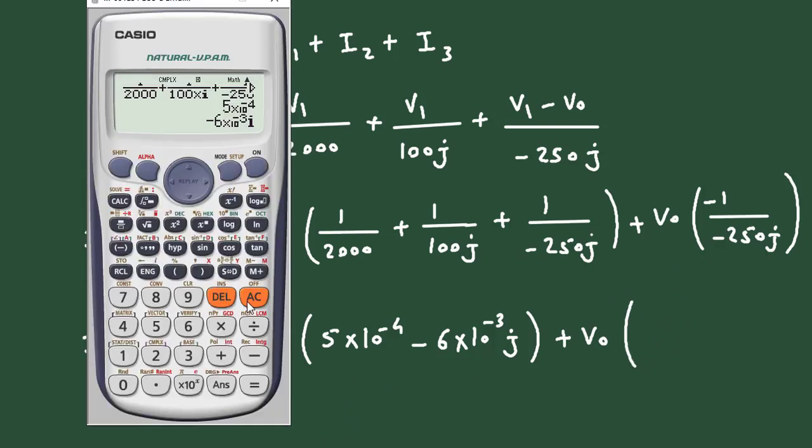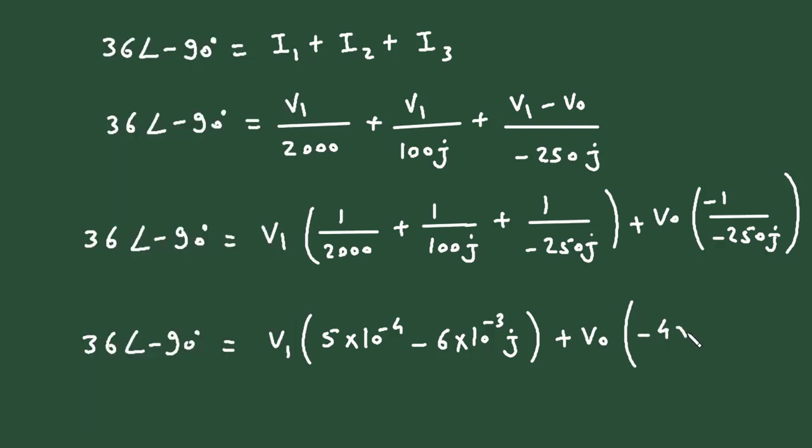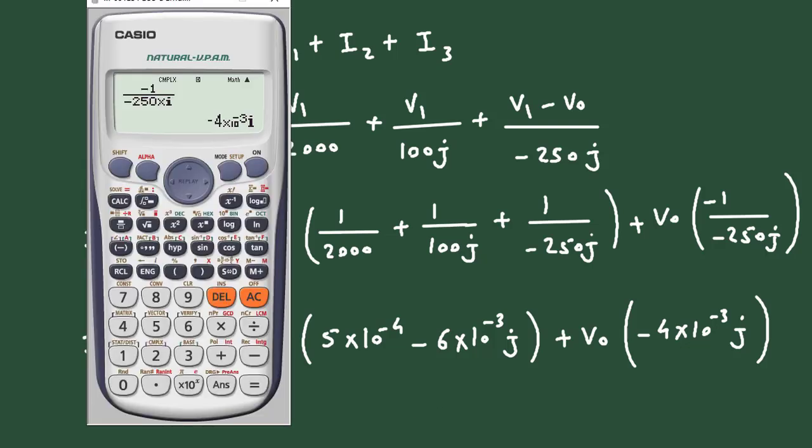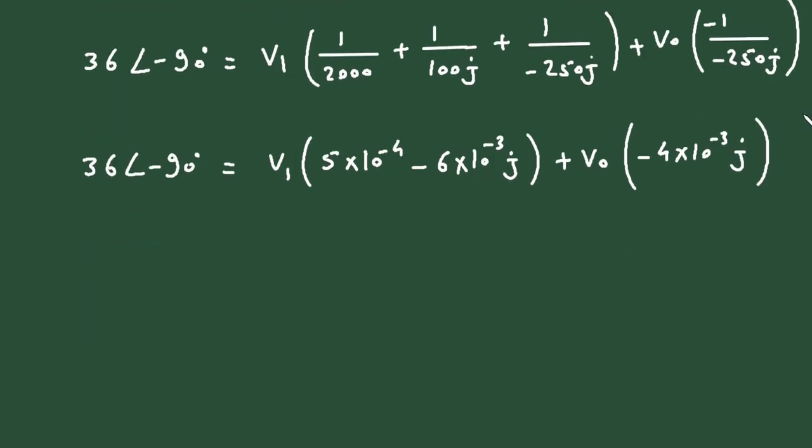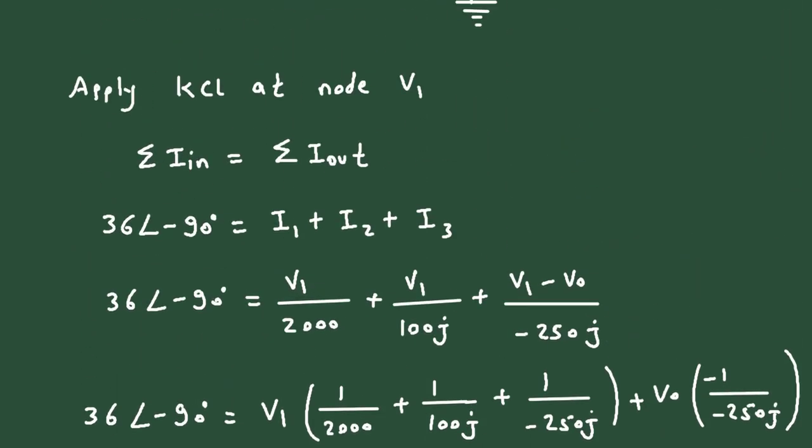Now this will be minus 1 divided by minus 250 into J. So it is minus 4 into 10 to the power minus 3 into J. Now let's assume this as equation number 1.